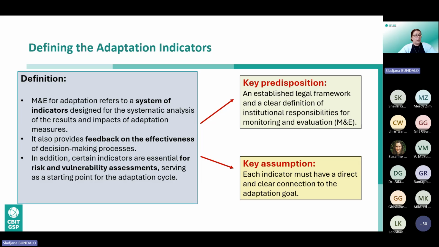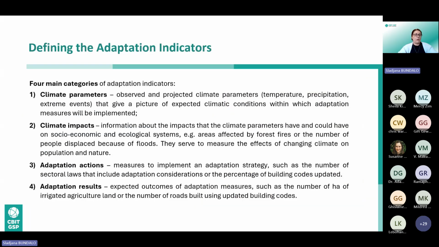Equally important is a clear definition of your institutional responsibilities. So who is doing what, who coordinates, how coordination is ensured, etc. Also, each indicator we use must be clearly linked with the adaptation goal that you want to support. That ensures relevance, coherence, and ability to track progress of your adaptation process.